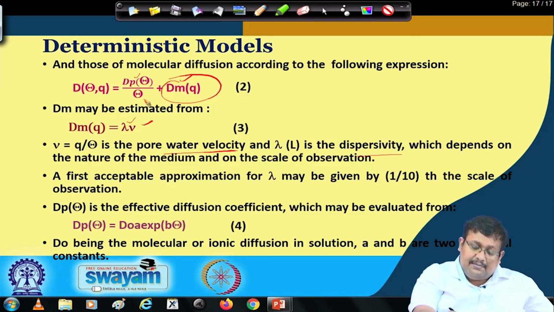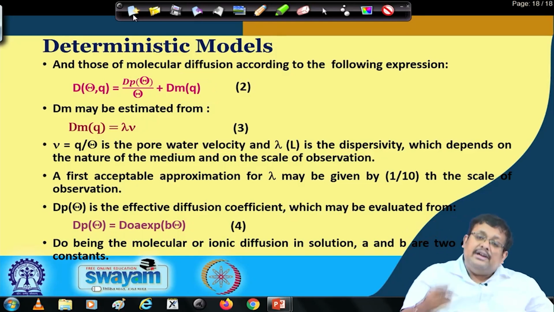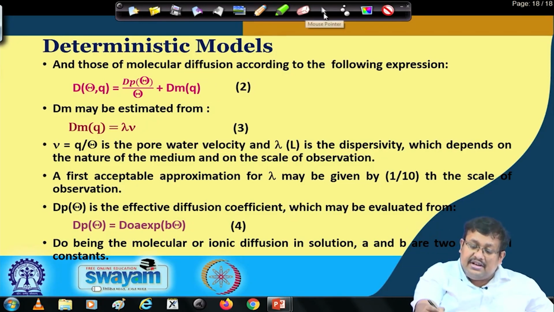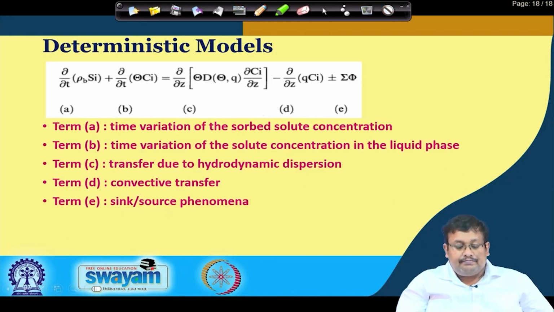D_p(theta) is the effective diffusion coefficient, calculated using the formula D_0 a exponential b theta, whereas D_0 is the molecular or ionic diffusion and a and b are constants. So, this is how we calculate or define each and every term of the one dimensional CD equation.